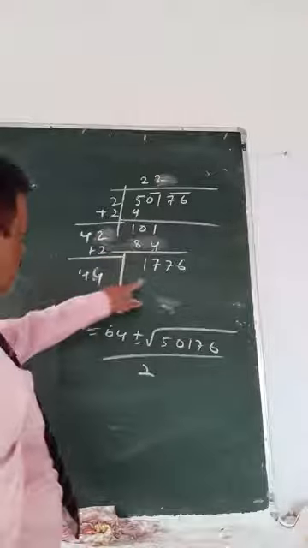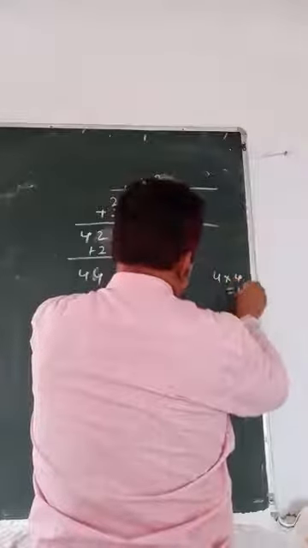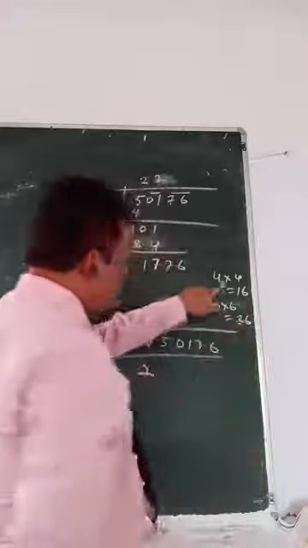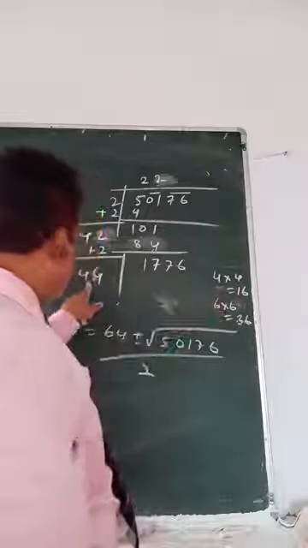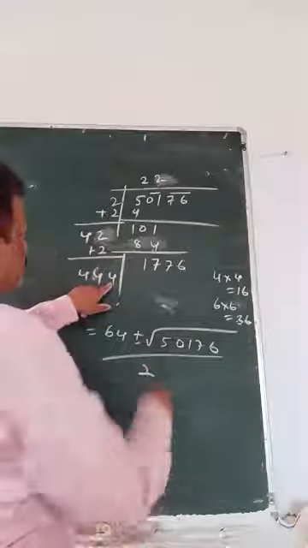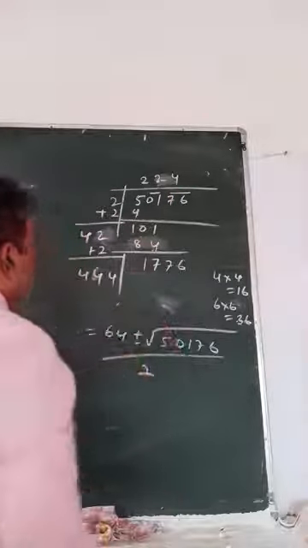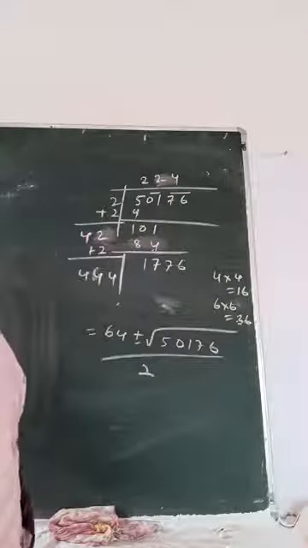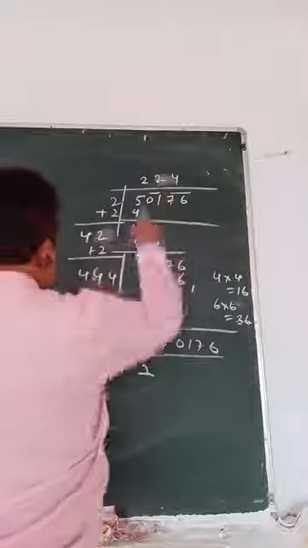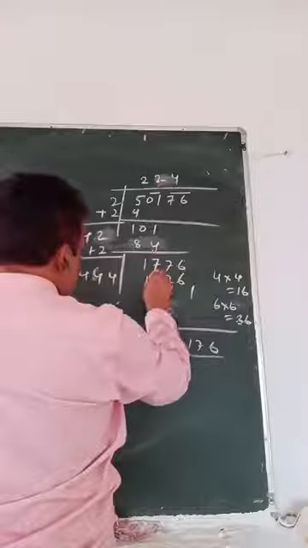Now which number will go? The last digit is 6, so either 4 fours are 16 or 6 sixes are 36; it will go with 4 or with 6. Let me try with 4. I will try the smaller number, because 4 fours are 16, closer to 17. 4 fours are 16, carry 1. 4 fours are 16, plus 1 is 17.